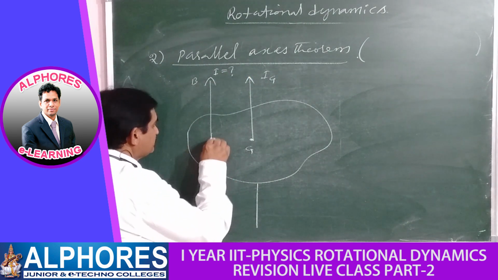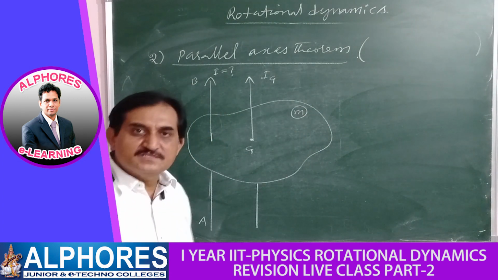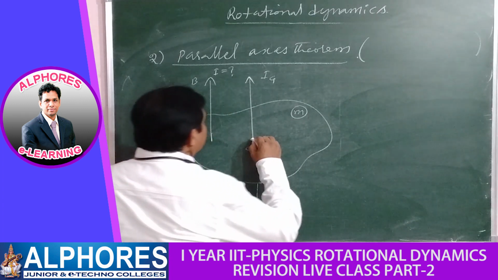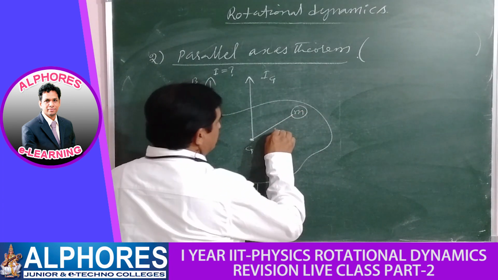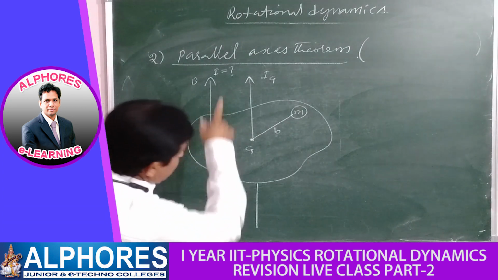For that, let us consider a particle somewhere in this rigid body, which is at a perpendicular distance b from the axis passing through the center of gravity.